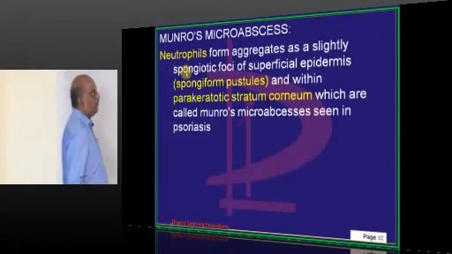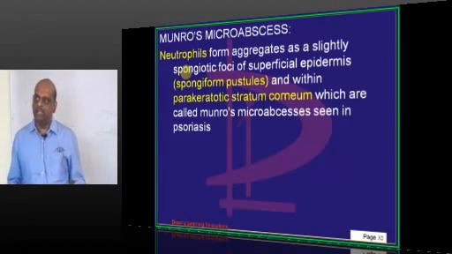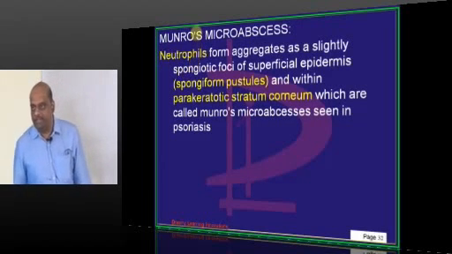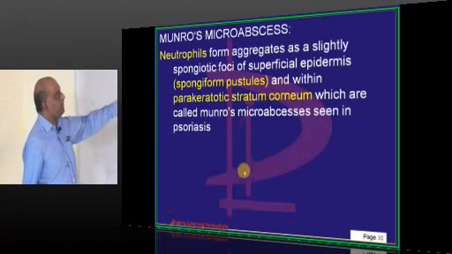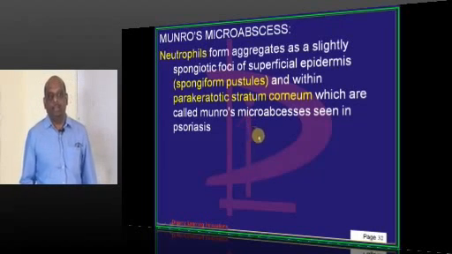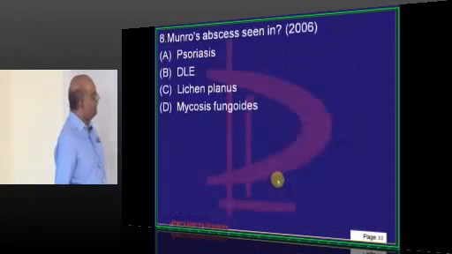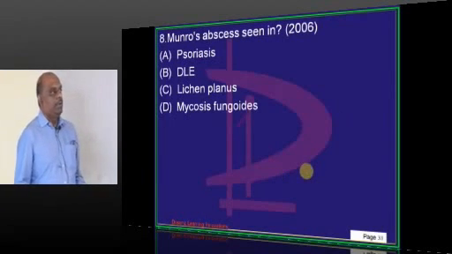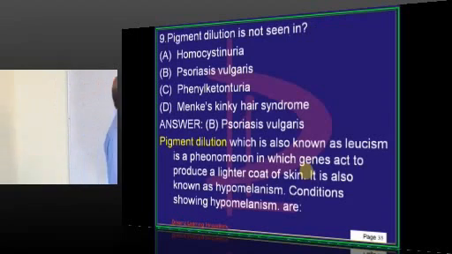And what do those Munro's microabscesses contain? They don't contain eosinophils. They contain neutrophils that form the aggregates in those Munro's microabscesses in the parakeratotic stratum corneum. This is the classical lesion in psoriasis, which you need to basically remember. So once more, where do you find Munro's abscess? We find it in the case of psoriasis.